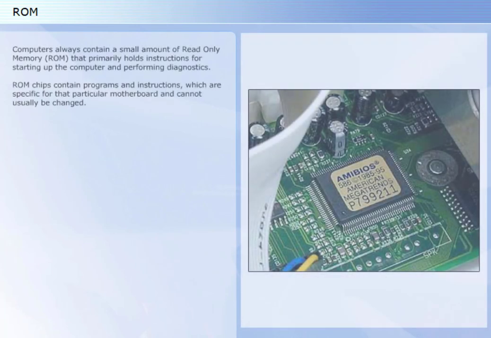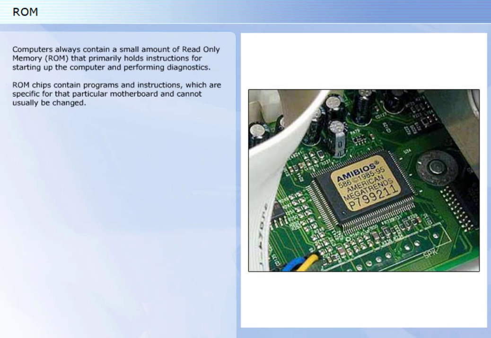Computers always contain a small amount of read-only memory, ROM, that primarily holds instructions for starting up the computer and performing diagnostics. ROM chips contain programs and instructions which are specific for that particular motherboard and cannot usually be changed.